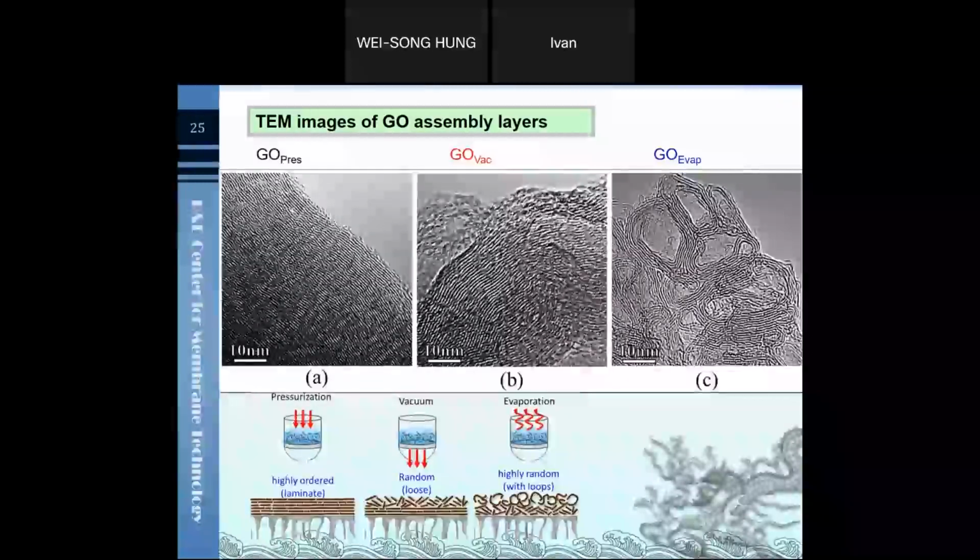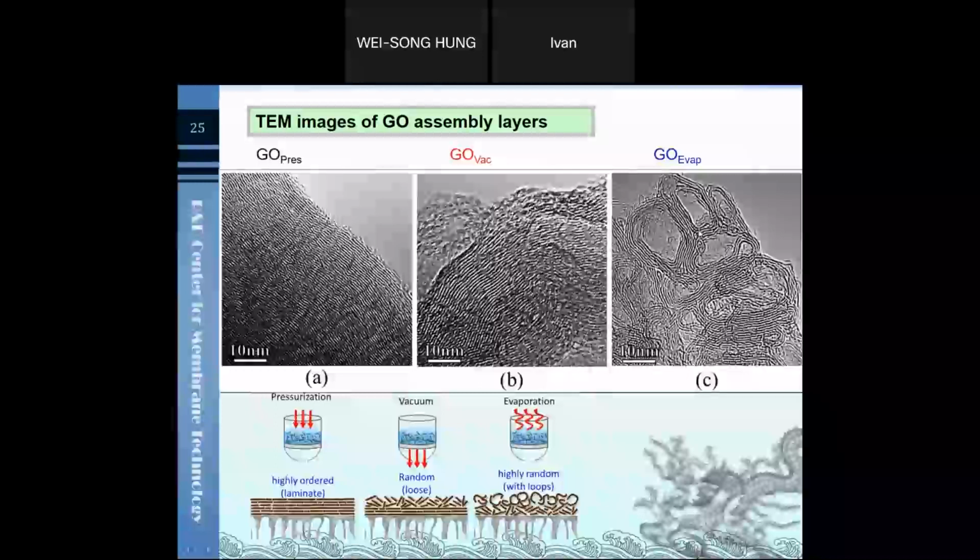Hence, the graphene oxide layer arrangement is a highly ordered structure.